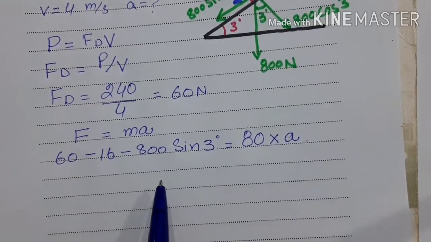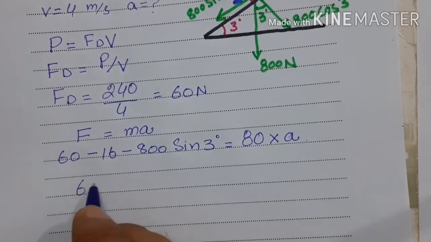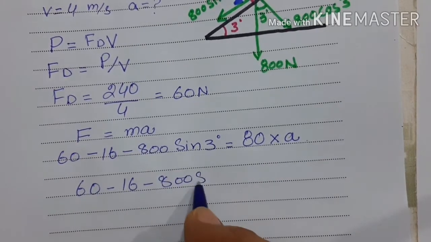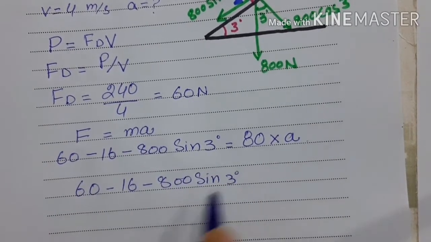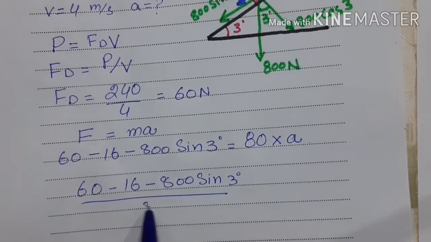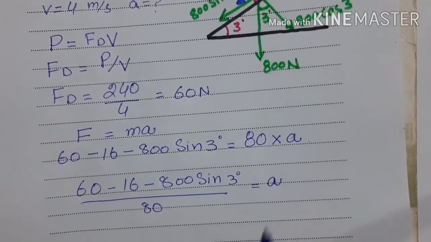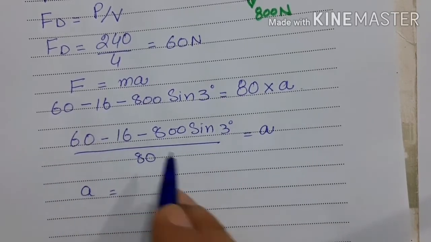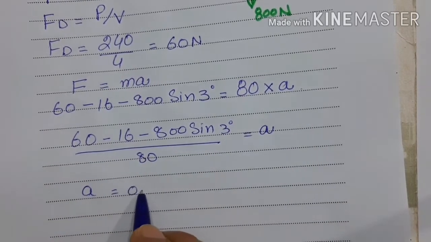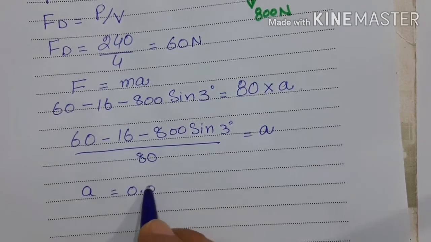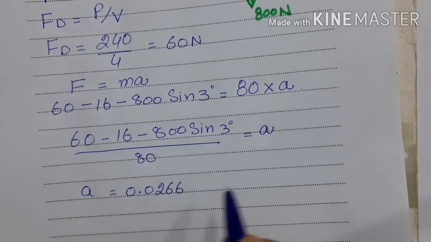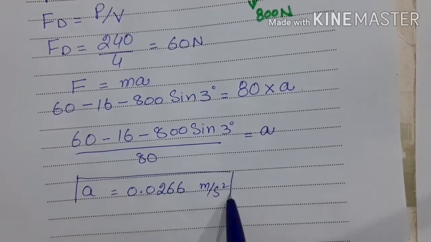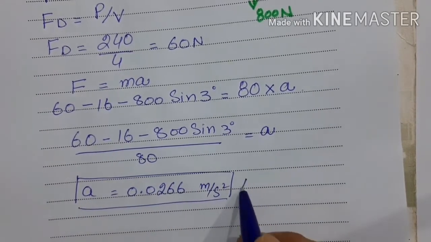So putting 80 on the left side, (60 minus 16 minus 800 sine 3) over 80 is equal to a. Therefore, by solving all this with the calculator, a will be 0.0266 meters per second square. This is the answer of part 3.